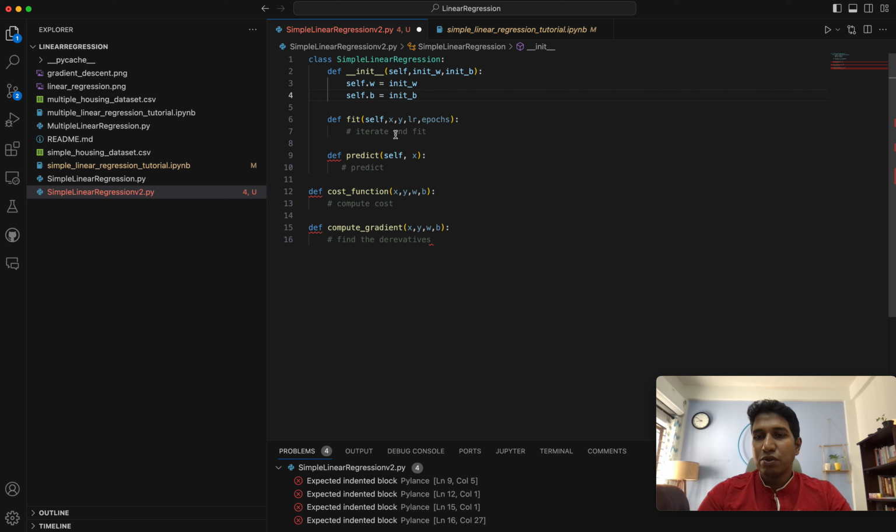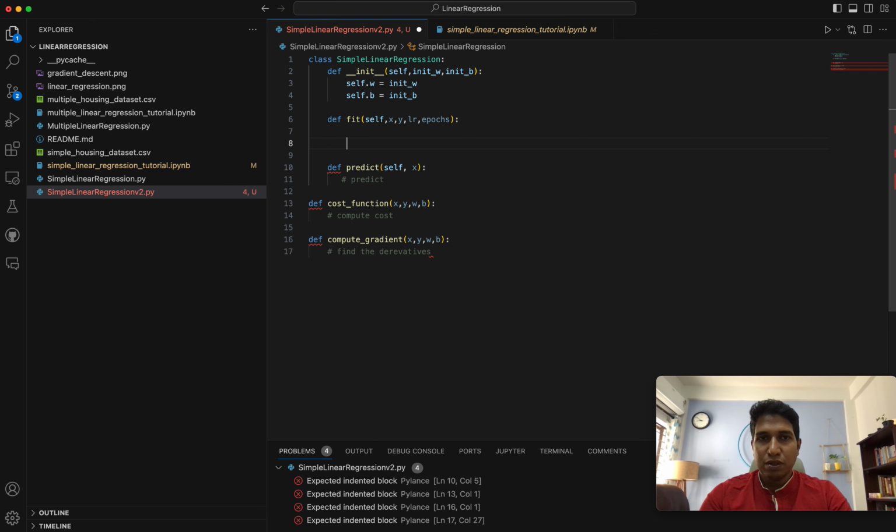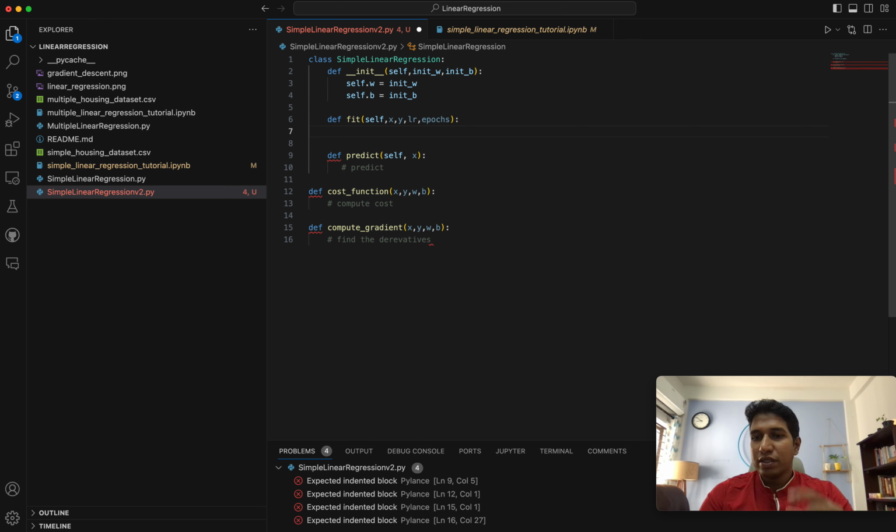Now here we are also taking a few more arguments which scikit would be handling internally, but the general idea is the same. We have a fit method where we want to iterate, so epochs is the number of times you want to iterate and keep learning, right?